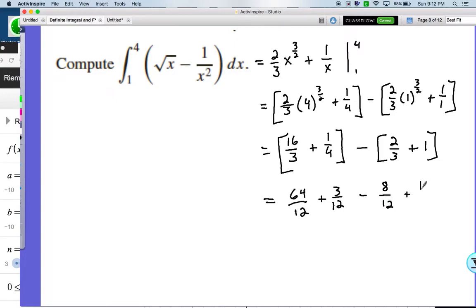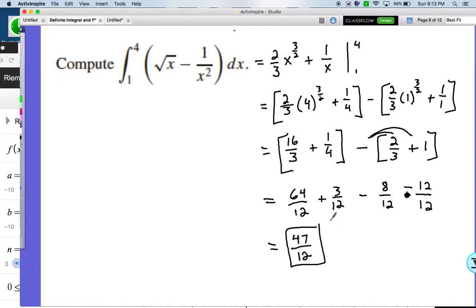And 1 becomes 12/12. And that actually turns into a minus when I distribute. Don't forget to distribute. That'll catch a lot of you off guard. So we get 64 plus 3, which is 67. This is a minus 20, so 67 minus 20 gives me 47/12.